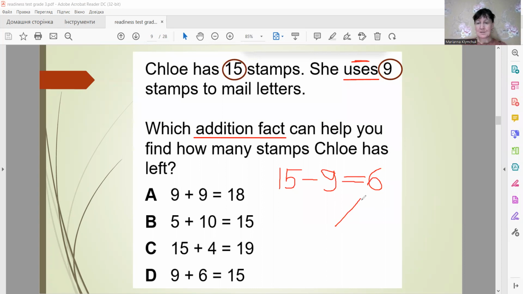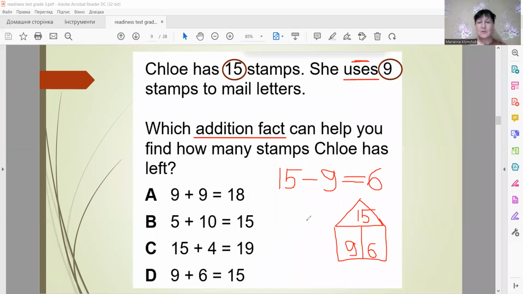Okay. Also, I teach students that these are the numbers that live in one house. Okay. Who lives in the house? Number 15 lives in the house. This is for better understanding, okay? Just for better understanding. 15, 9, and 6. So students were learning about fact families.